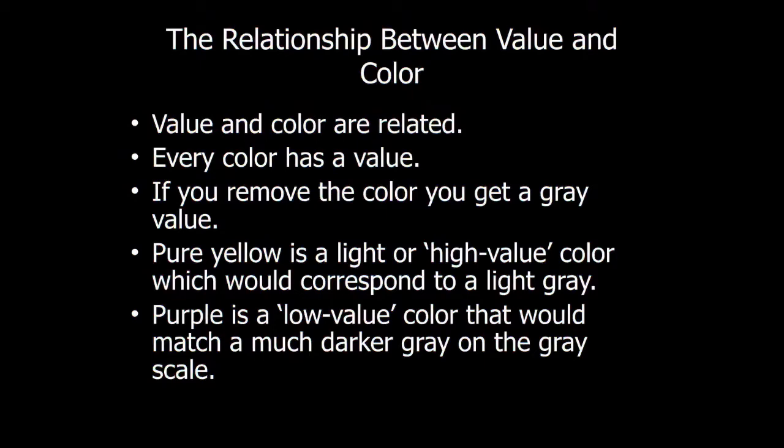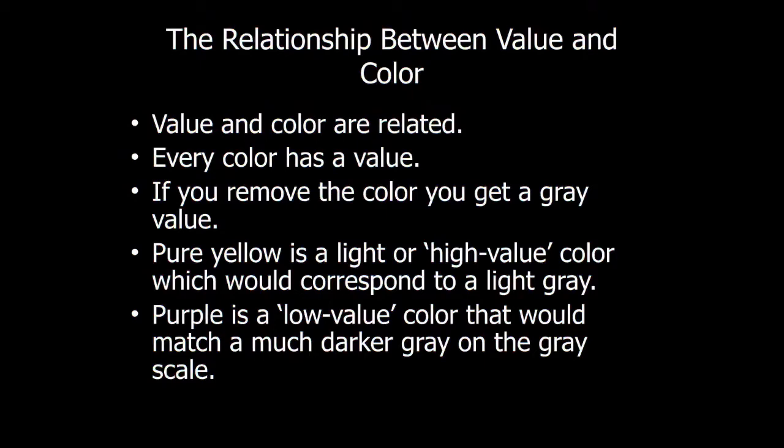So if you can imagine, if you were to look at a rainbow and how we would assume that there is a sequence of colors: red, orange, yellow, green, blue, indigo.